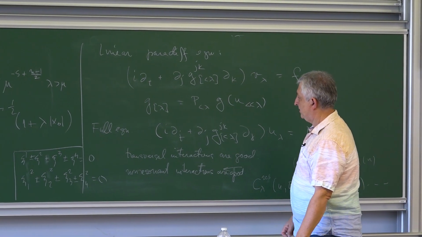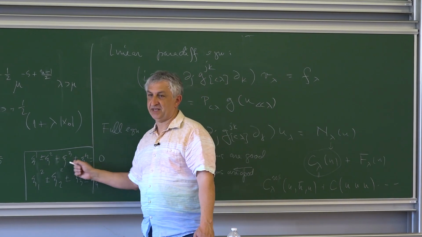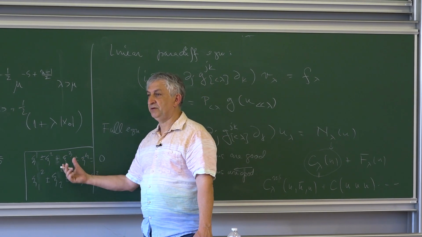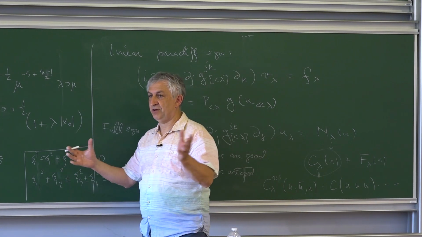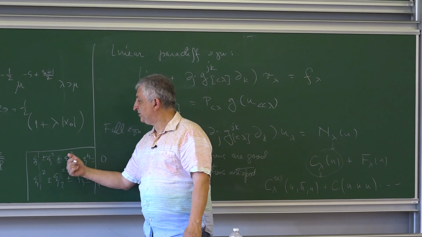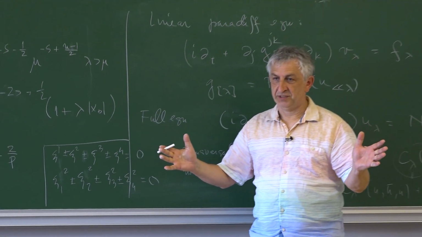And so non-transversal means that at least 3 xi's are equal. Because if only 2 xi's are equal, then you have 2 pairs of unbalanced interactions. So you don't have to look at all solutions of these equations, which will have lots of solutions.